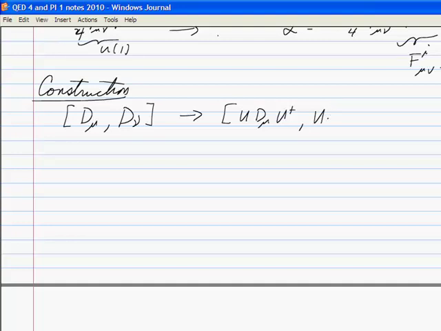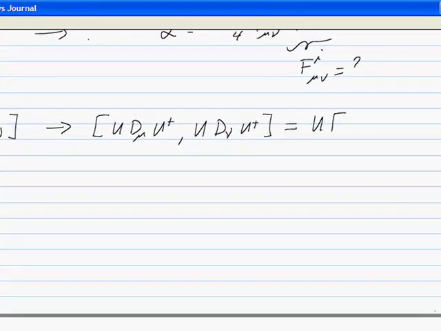It has a particular form: U d nu U dagger, which transforms like U d mu d nu U dagger. So it has this definite transformation property, and I can make invariants using that just by this trick.